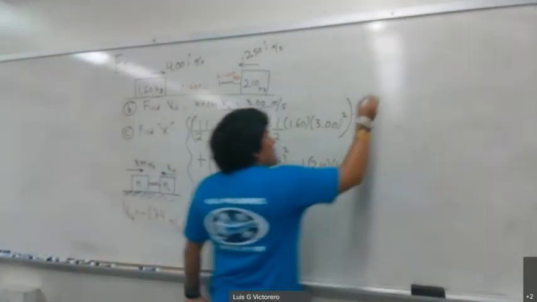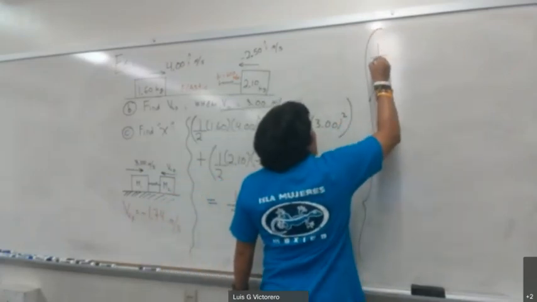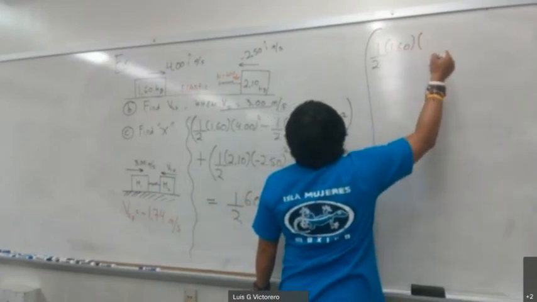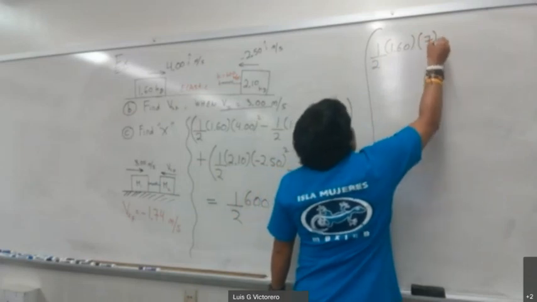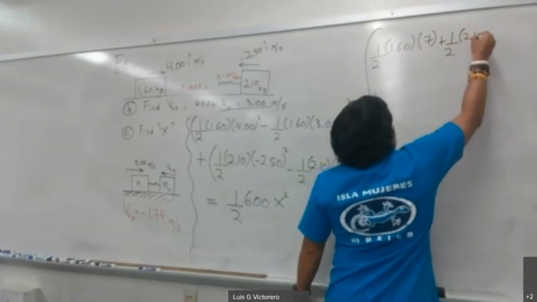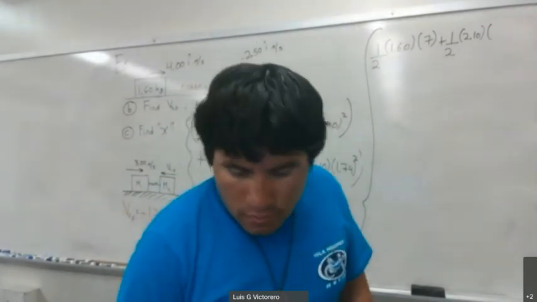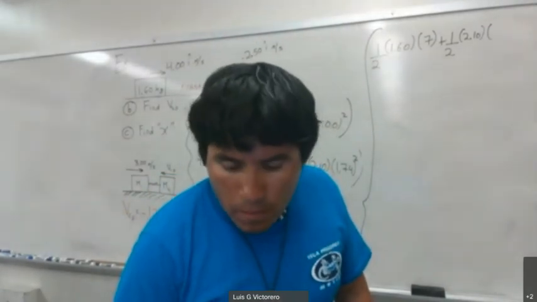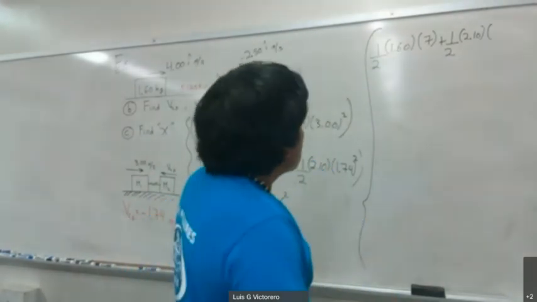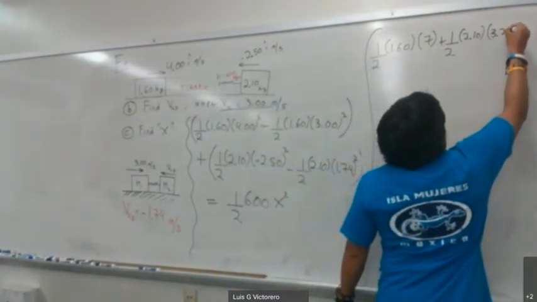So that all becomes this. 16 minus 9 is 7. 2.5 squared minus 1.74 squared.